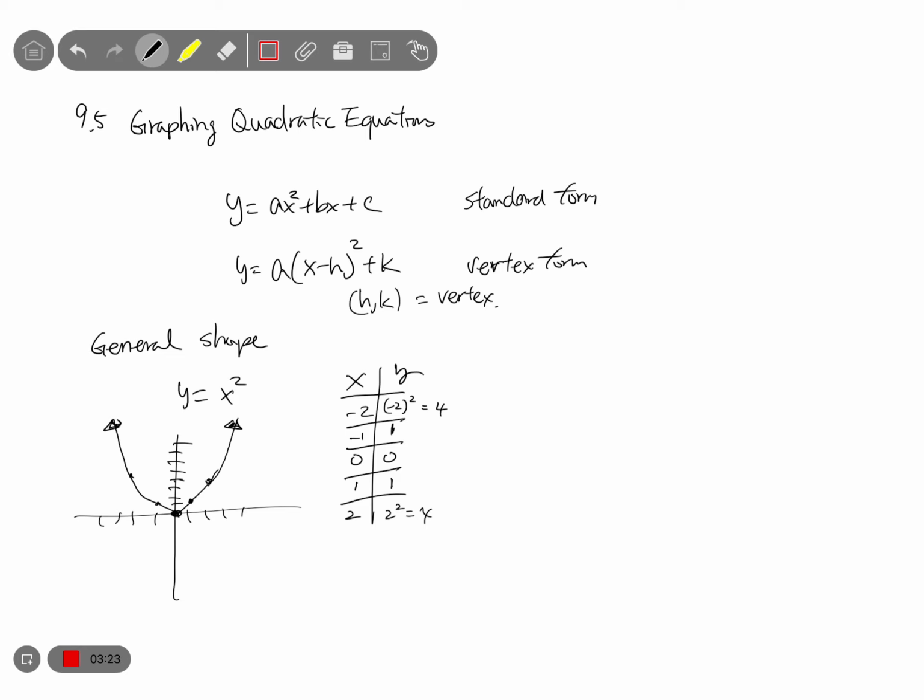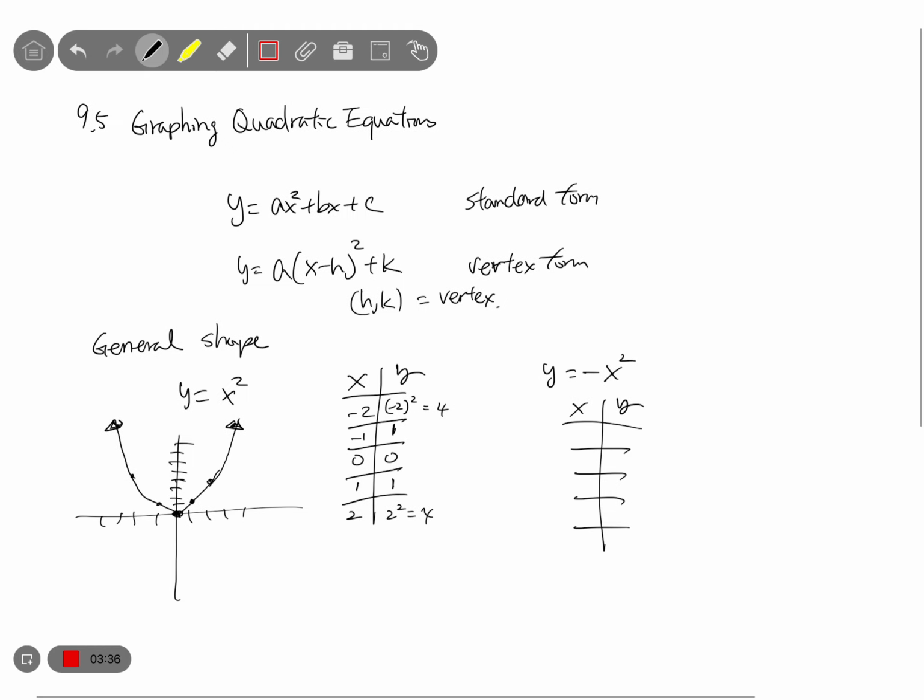Okay, and then if we change the equation, right, instead of x squared, if I'm putting a negative x squared, using the same input from the x, that negative sign is going to make my answer negative.